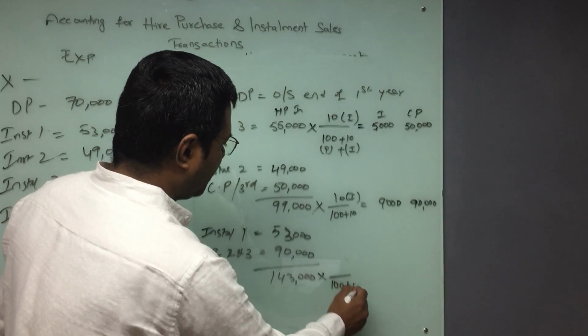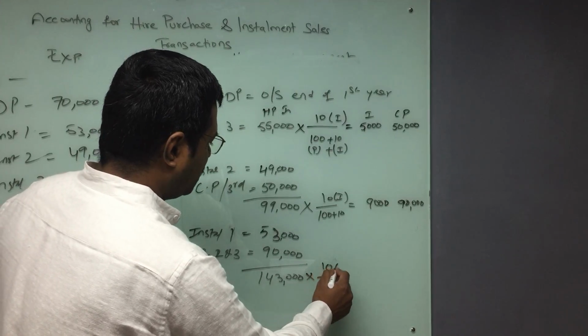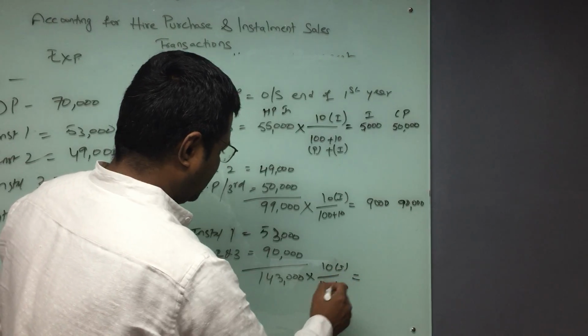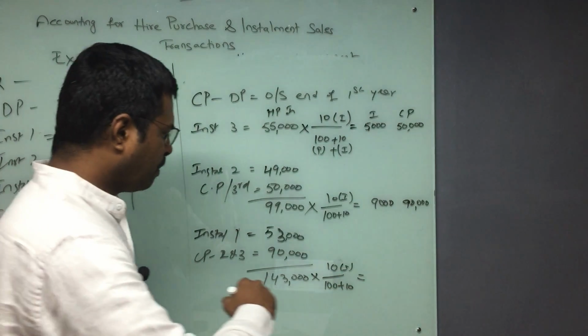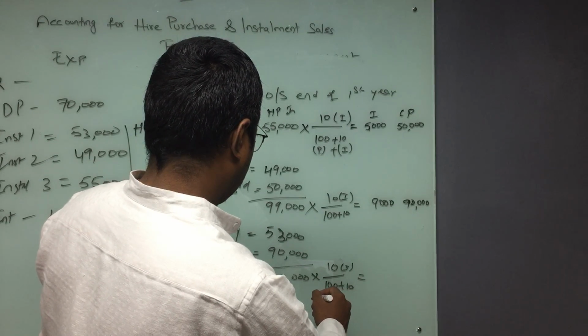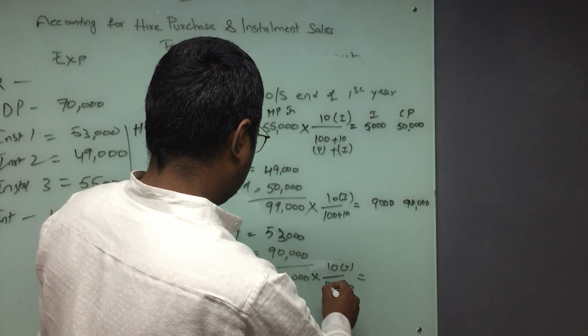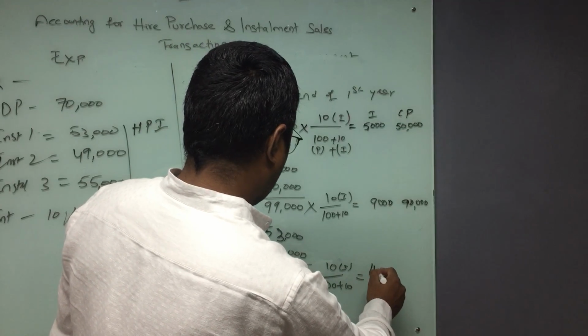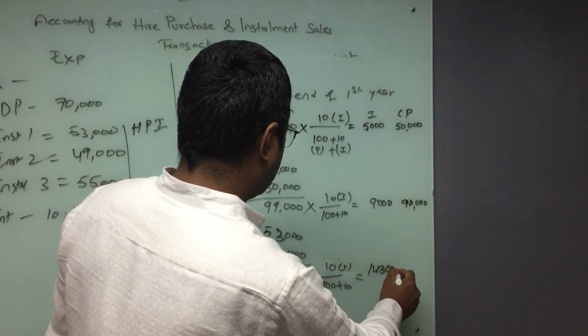So 100 divided by 10 into 10, this comes to 14,300 interest.